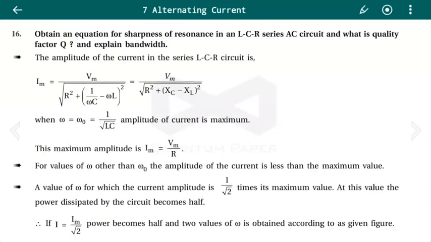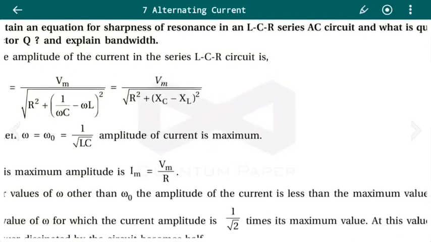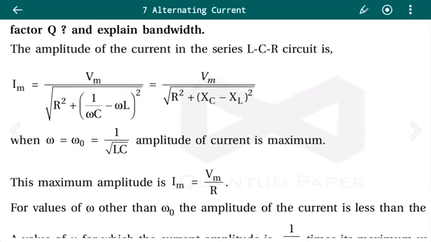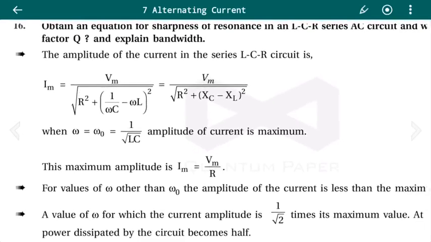Now let us obtain an equation for sharpness of resonance in an LCR series circuit. And what is quality factor Q? Next, explain bandwidth. The amplitude of the current in the series LCR circuit is Im equals Vm upon Z, that is Vm upon under root R square plus (Xc minus XL) whole square.